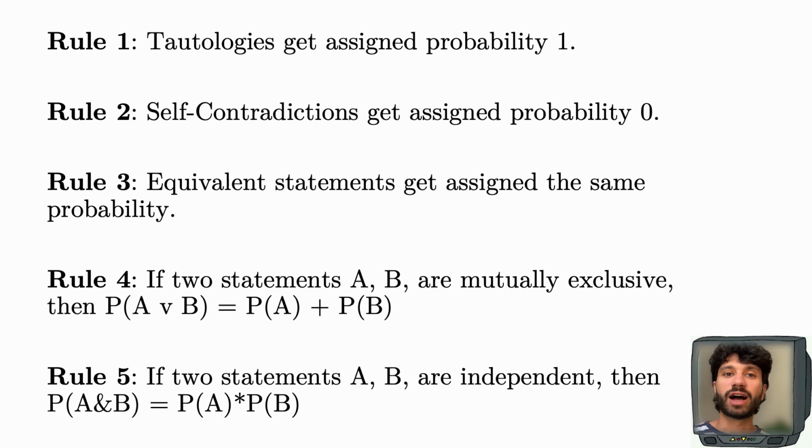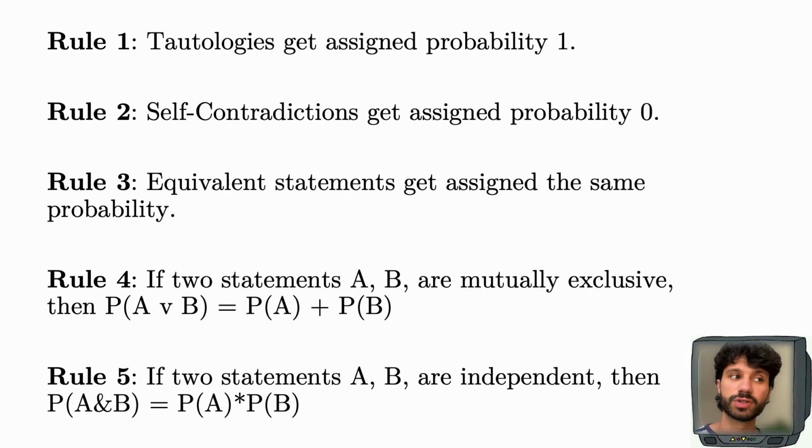These are the 5 rules we need to build our probability theory. The first one, let's recap, says that tautologies get assigned probability 1. The second one says that self-contradictions get assigned probability 0. The third one says that equivalent statements get assigned the same probability.